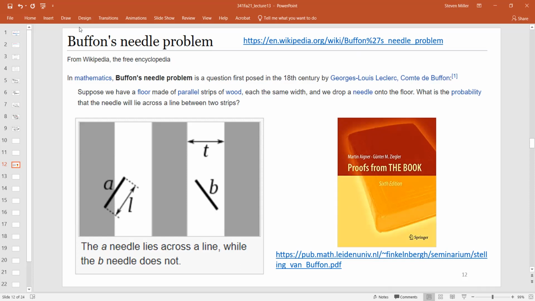How do you think the number of intersections will change? It should be identical. So in some sense, it should only depend on the ratio of L and T. So before we do any calculation, we expect that the answer depends on L over T. That's a really good statement before we do anything.